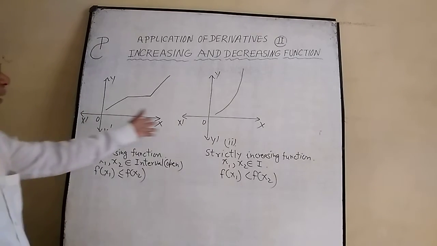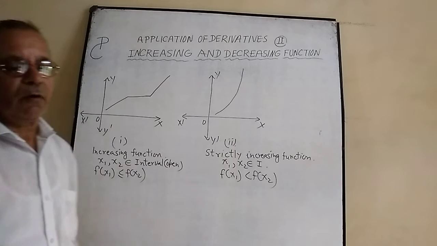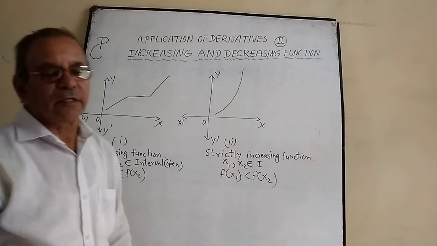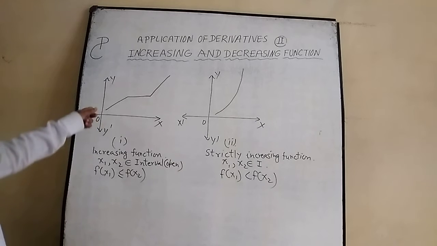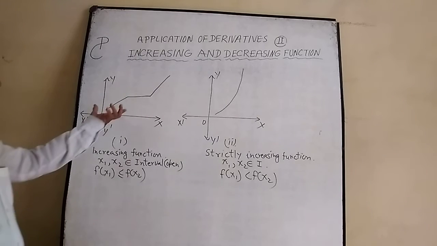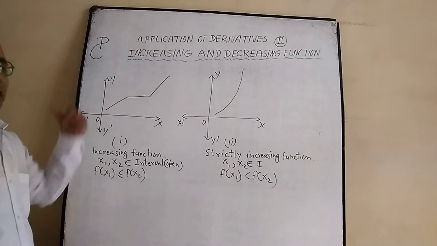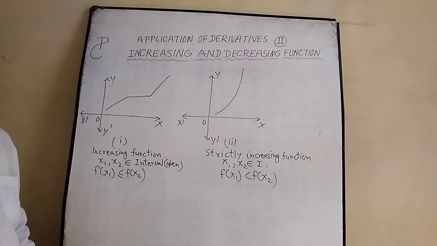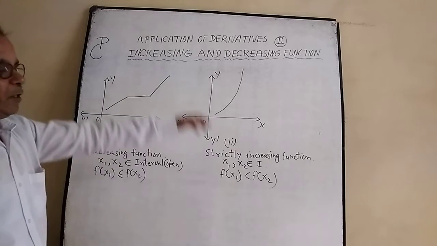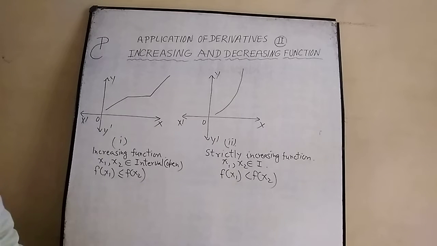Here we take examples of an increasing function and a strictly increasing function. This is the graph of an increasing function, where x1 and x2 are in the open interval, and in between these, this type of curve is present.